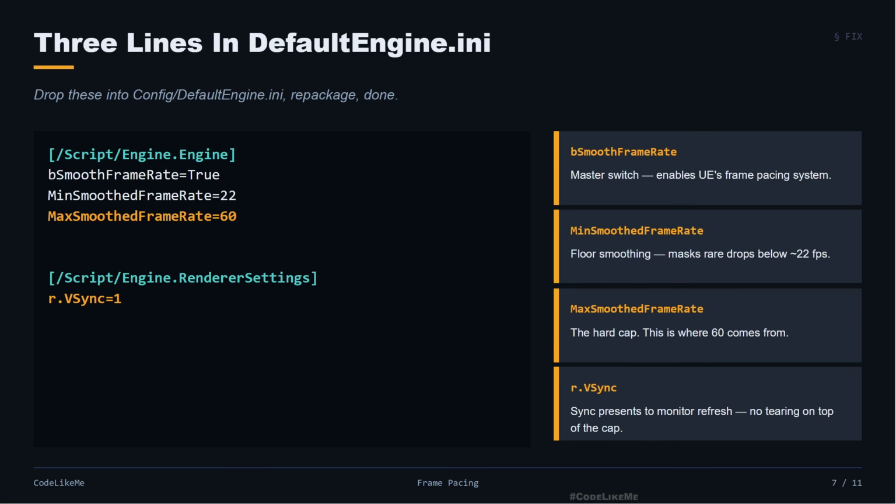So what I did is change these settings and package the build. Here, this is the important one: Max Smooth Frame Rate is 60, so we don't go above 60 FPS. And this is 22 FPS. So these are masked. And VSync, when enabled, means we don't see tearing on top of the frame capping. So yeah, that's all I did.